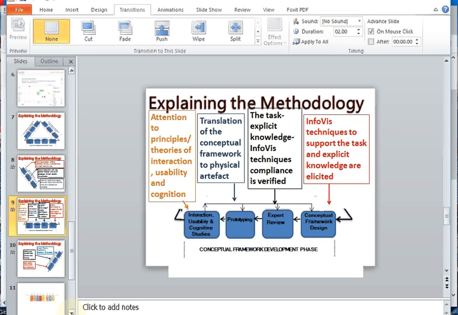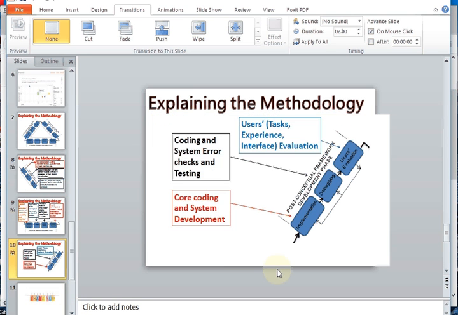So the last stage of the methodology is the core coding and system development. So at this stage, after improving the prototype based on cognitive theories, principles, usability principles, and the human-computer interaction or interaction design principles, a core coding will be done.